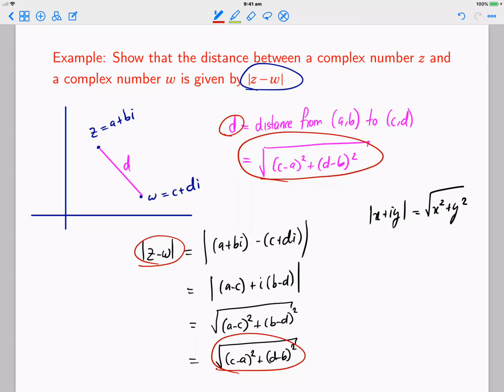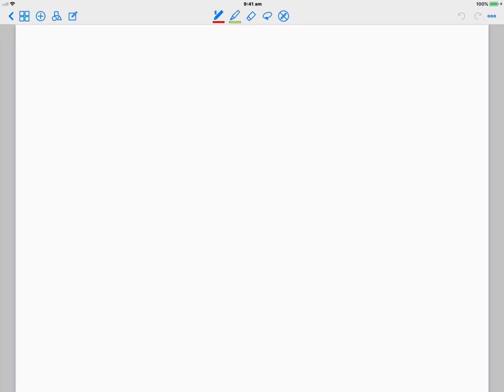I'll also show you why this is true. Maybe I'll give you a bit of a more visual argument as to why this is true. So let me draw the complex plane again.